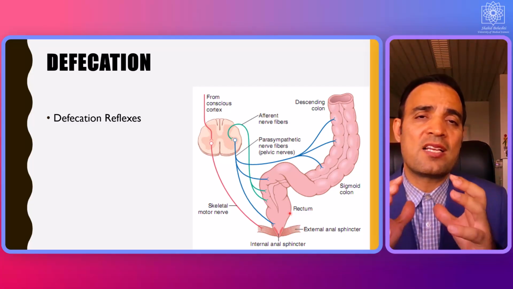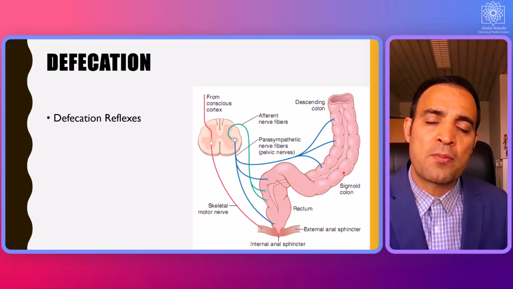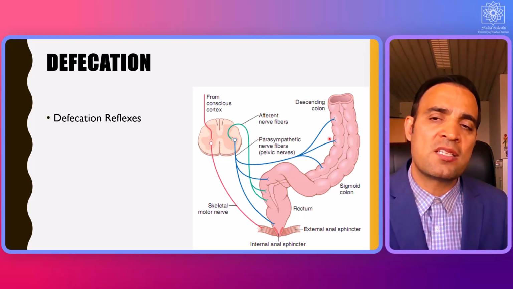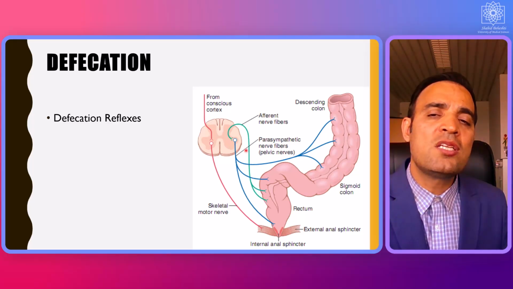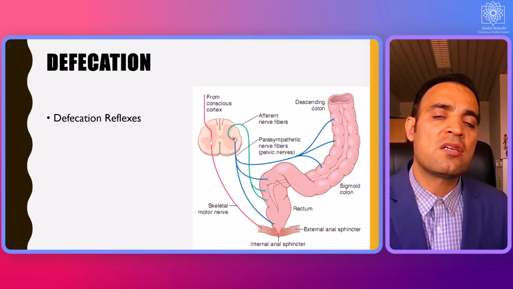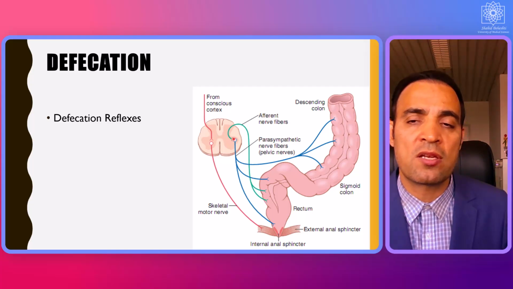When the rectum area, or a part of the sigmoid or descending colon, is being stretched, it sends a signal to the parasympathetic nucleus in the pelvic nerve.